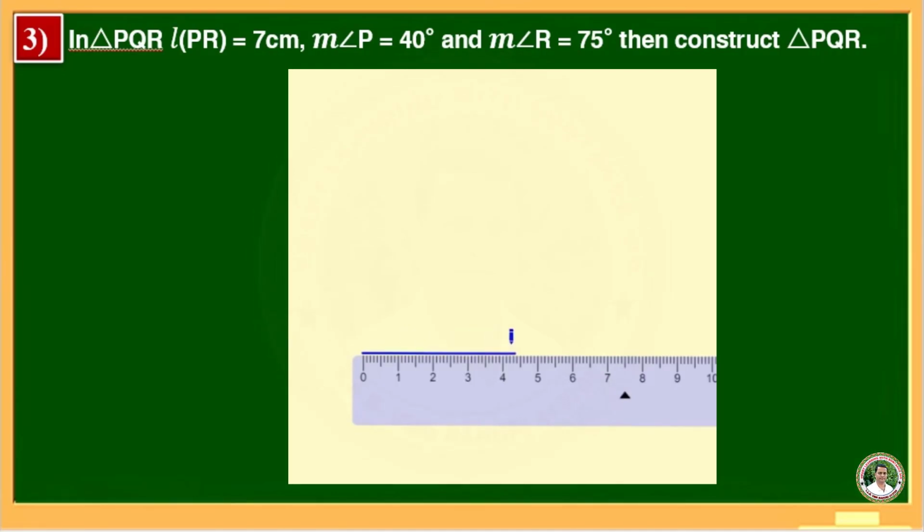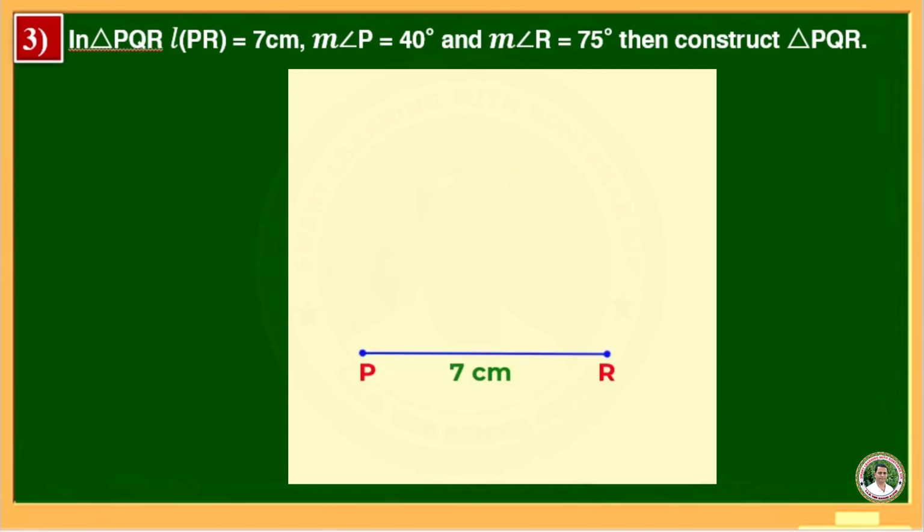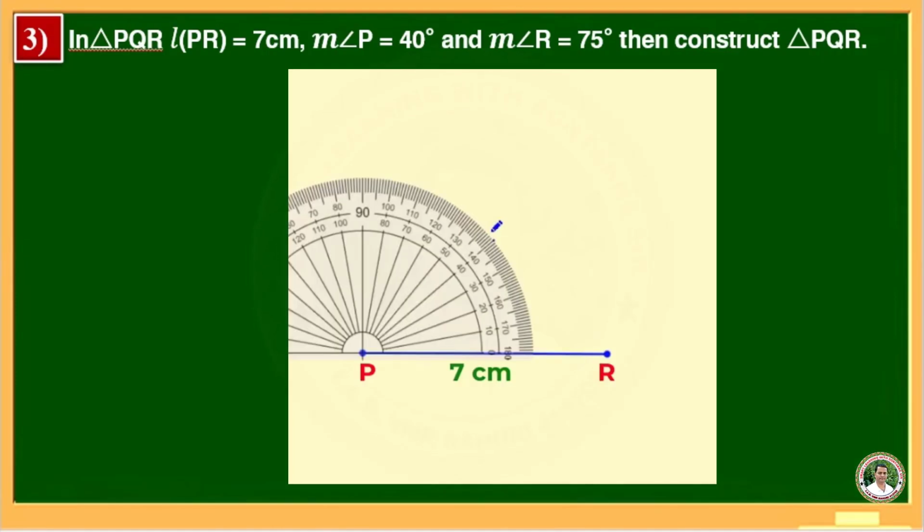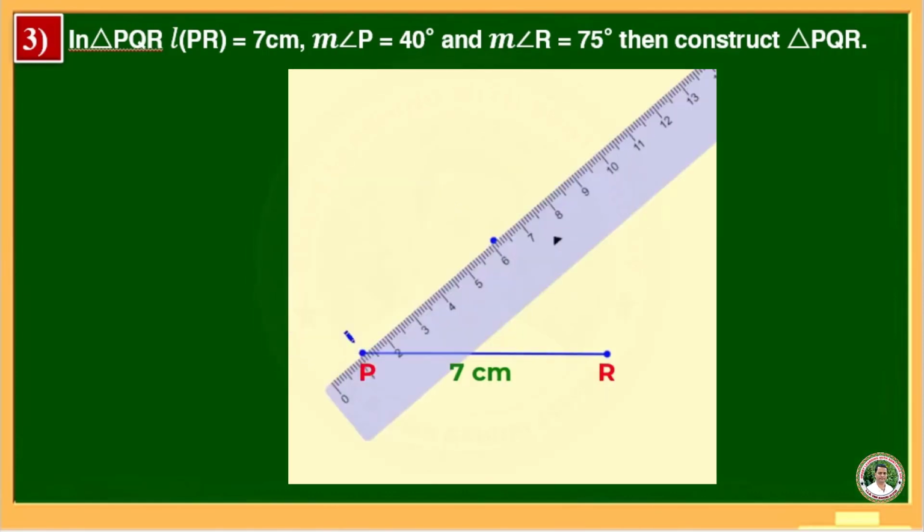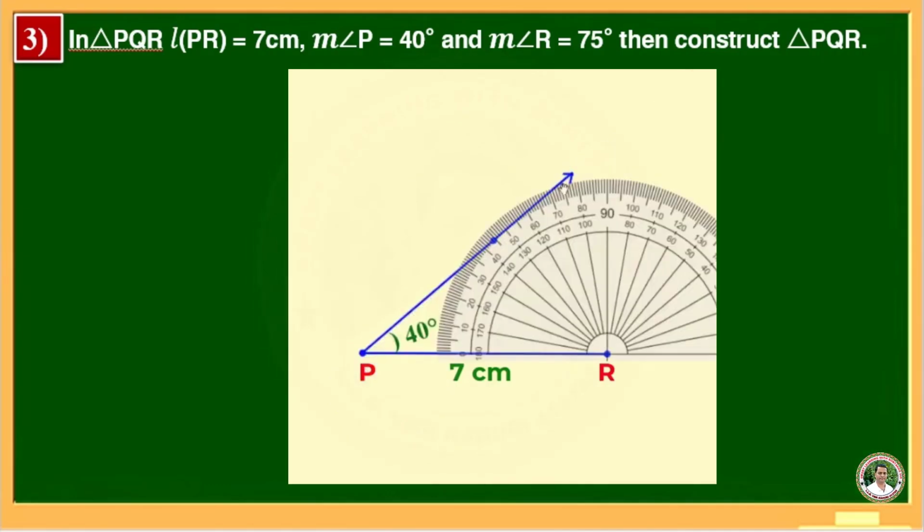Therefore, first draw PR of length 7 cm and name it PR and write the distance 7 cm. Now angle P is given, which is 40 degrees. By using a protractor, make a point at 40 degrees and draw ray PA, which is shown in the figure.